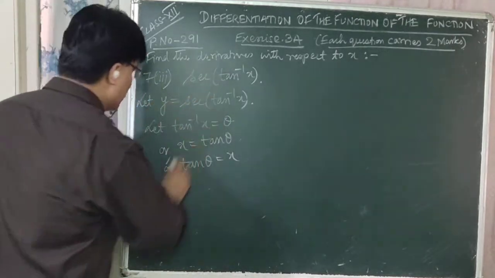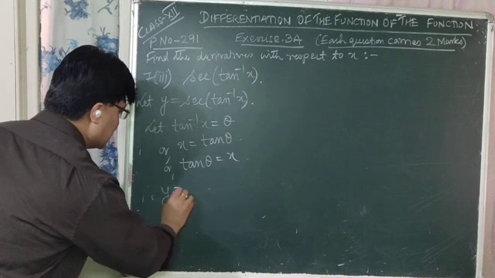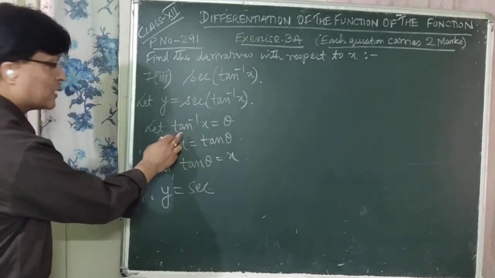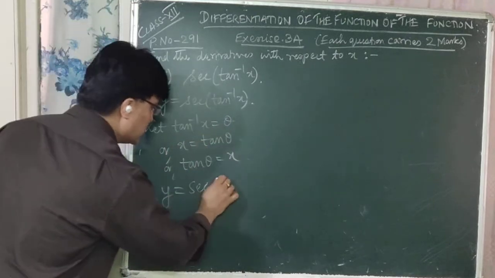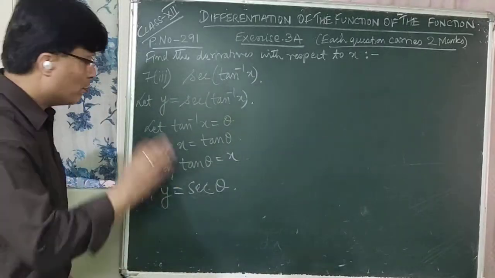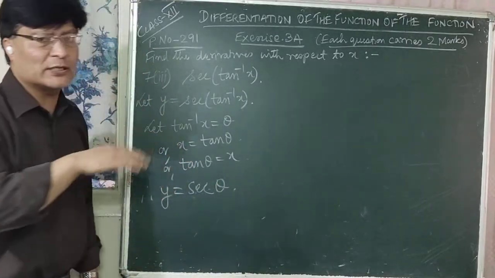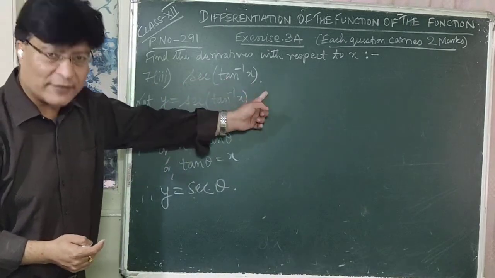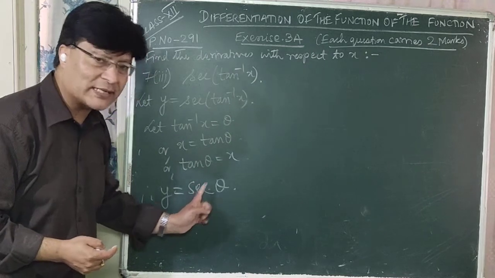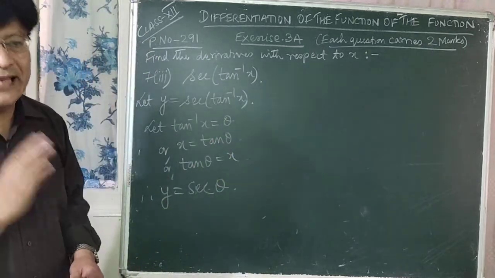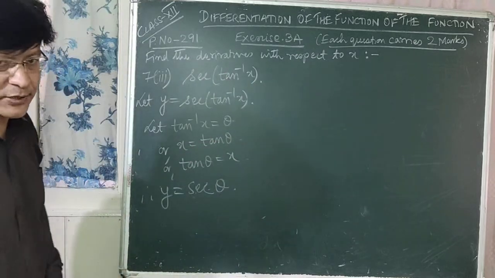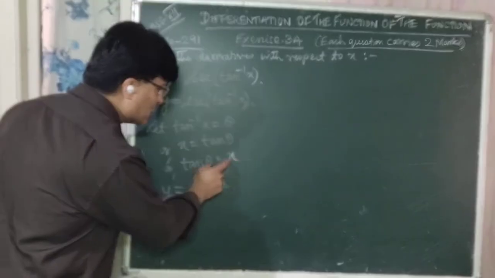Now therefore y is equal to sec. What is tan inverse x here? Tan inverse x here is theta. But you should write this sec theta in terms of x, because in the question it is given in terms of x. That will be the simplified value of sec within bracket tan inverse x. We know tan theta is equal to x.